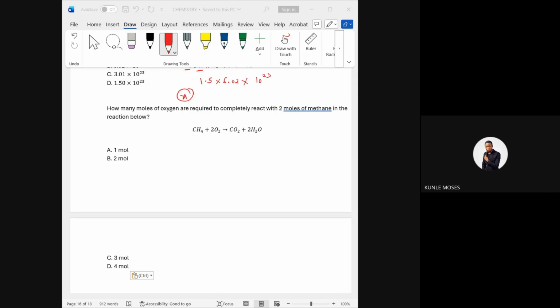What will be your answer? You know what you get is the number of moles. What if they ask to find the mass after getting the number of moles for oxygen? Anybody?